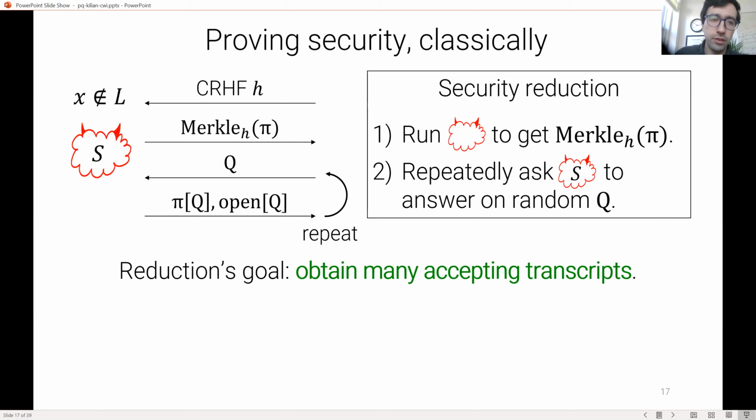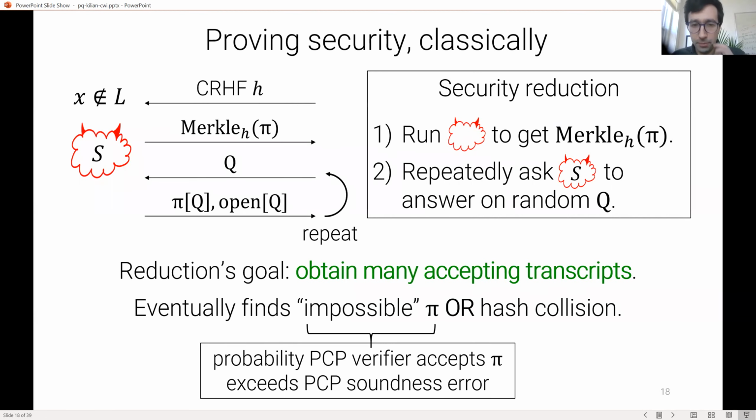So you take the state S, the intermediate state of the adversary, and you make a bunch of copies of it, and then you ask each of the copies for a different query set. And if you do this enough times on a bunch of different query sets, then eventually you will obtain enough information to reconstruct the PCP. And eventually what happens is that if the adversary's success probability is too high, then one of two things is going to happen.